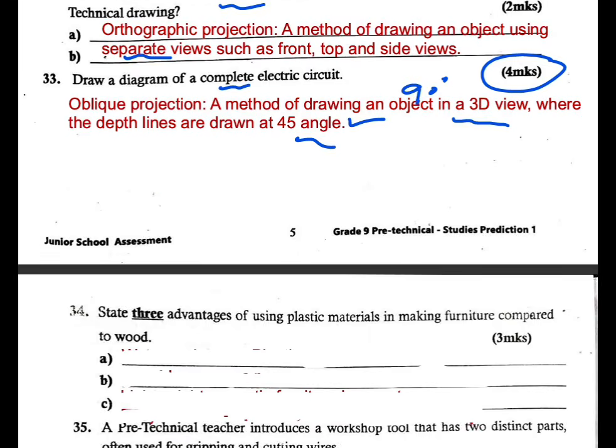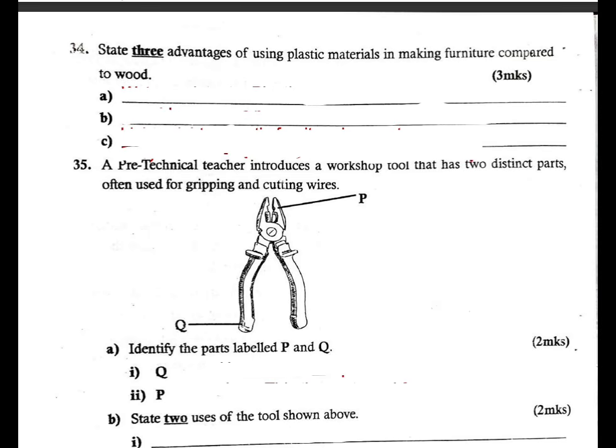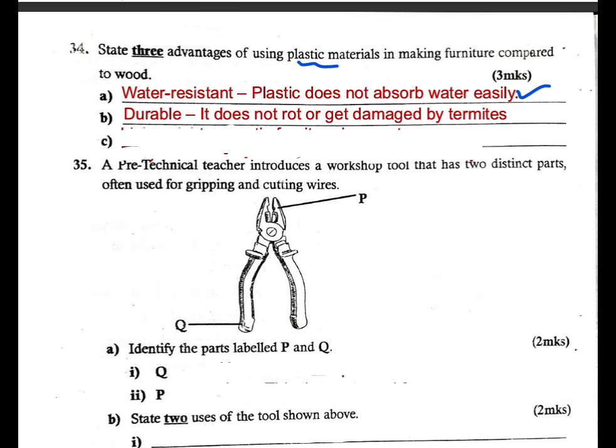Question number 34, we continue. It says, state 3 advantages of using plastic material in making furniture compared to wood. So what are the advantages of using plastic when making furniture compared to wood? You know that one advantage of plastic is that it is water resistant. This means that plastic does not absorb water easily compared to wood. Number 2, plastic is durable.